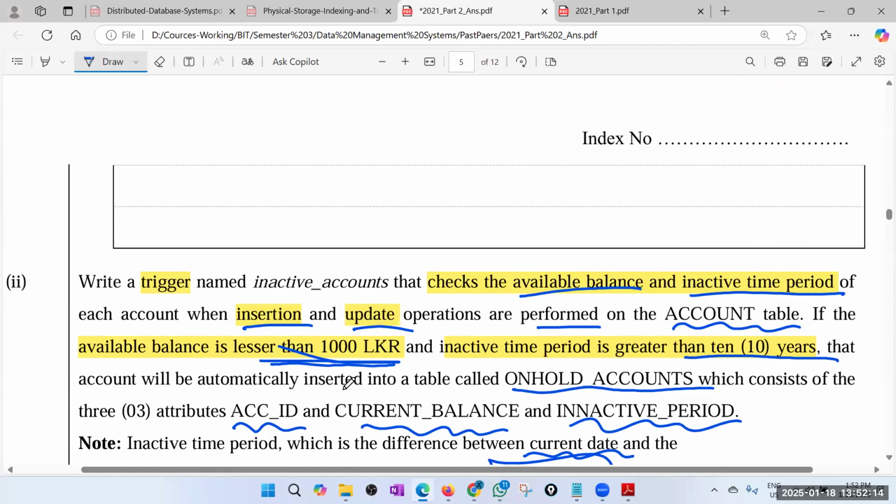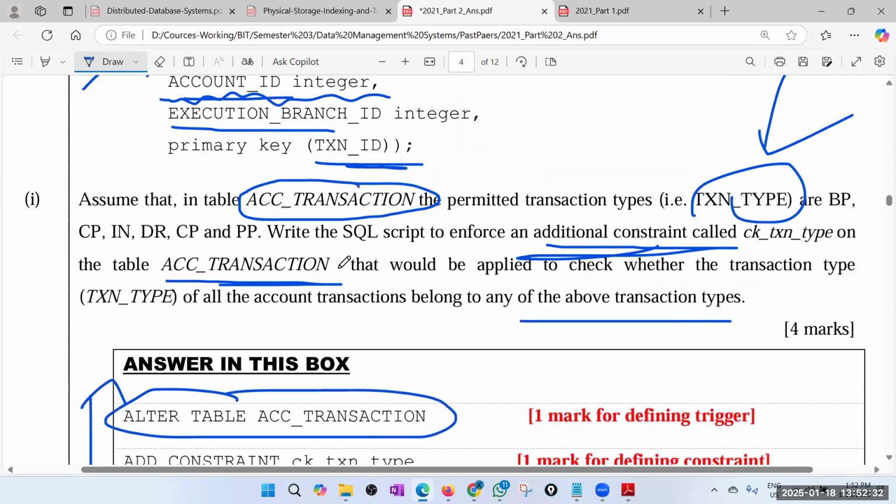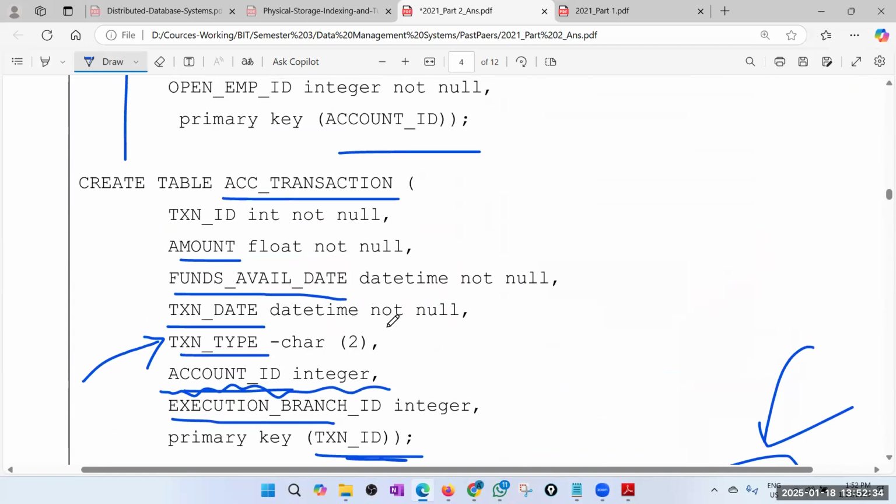Both. I don't know why AND, but that is what the examiner has mentioned. If both are satisfied only, you need to write that new record to the on hold accounts table. But this trigger is for the ACC transaction table.